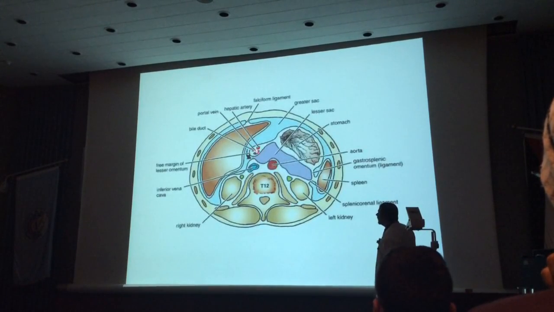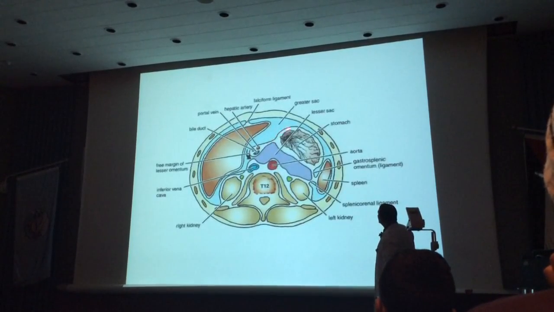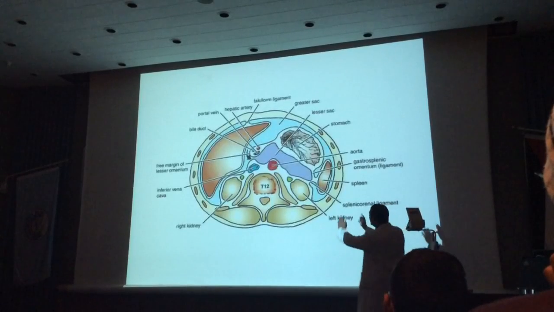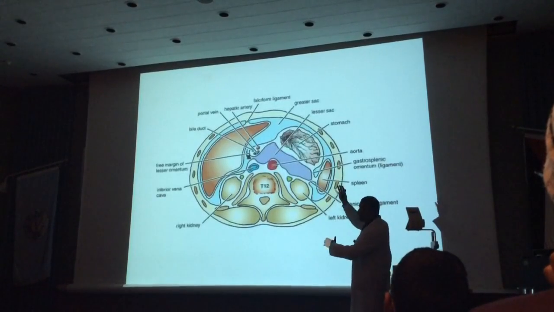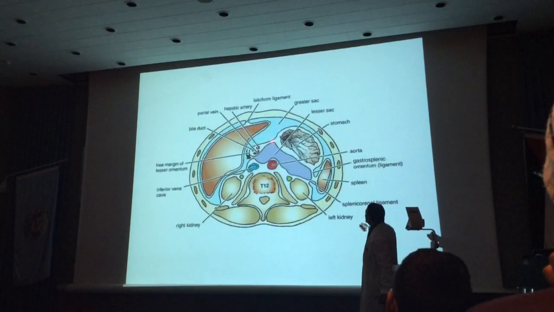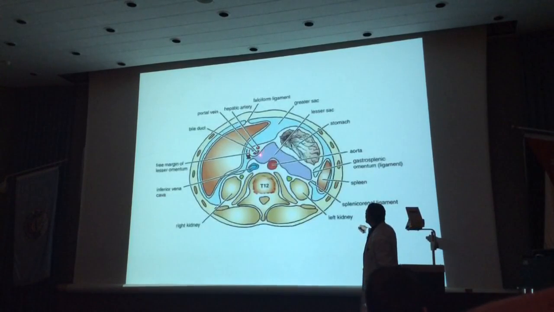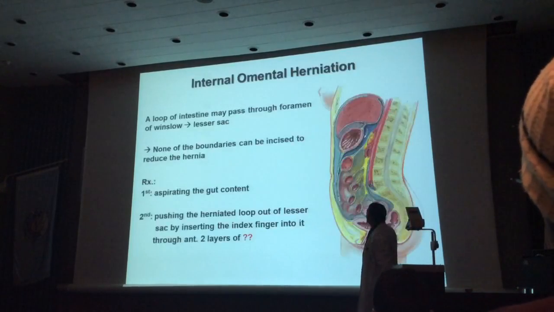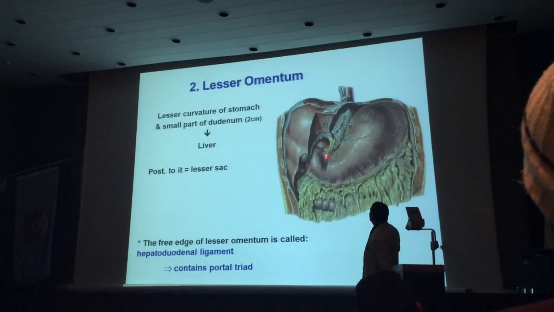Hepatic triad, the portal triad. Now if you look carefully here, this is the lesser omentum, going from the stomach up towards the liver as you go up with the section. Look here, the portal triad is at the free margin of the lesser omentum, which we call the hepatoduodenal ligament.